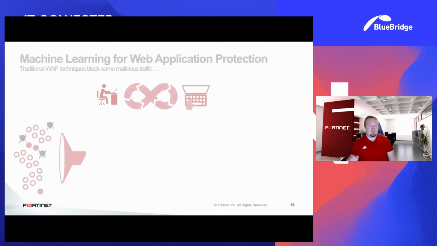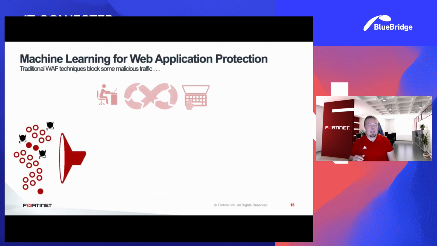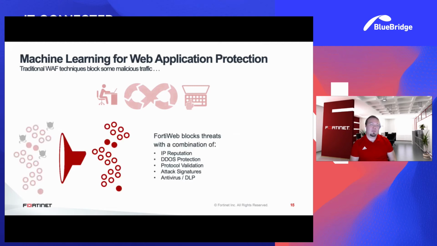So this process looks something like this. We get good stuff, we get bad stuff, and we get something in between. So we filter that information. We do very basic stuff like IP reputation filtering, DDoS protection, protocol validation. We use signatures, we run antivirus, we do DLP, we do all that good stuff, and that's a pre-filter.